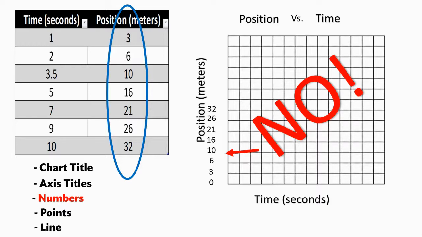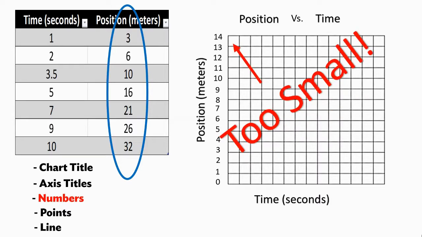Another mistake that students make a lot is just to come over and start writing 1, 2, 3, 4, 5, because that's easy, right? That might work sometimes, but as you can see here, if you just go by ones, the graph stops at 14, and half of the numbers on our data table can't even be graphed on this graph, right?